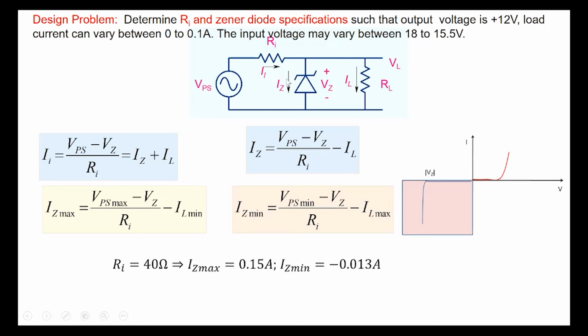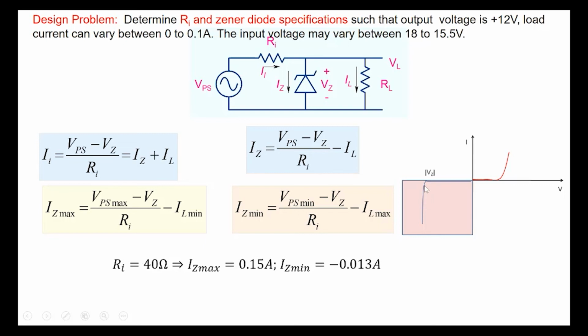Iz we have already taken as a reverse current, and when Iz min is negative, it means that the current is going in the opposite direction, which means that the Zener diode is not reverse biased. And our condition is that Zener diode should be not only reverse biased, but it should be in this condition here. So the choice of Ri equal to 40 ohm is not right.